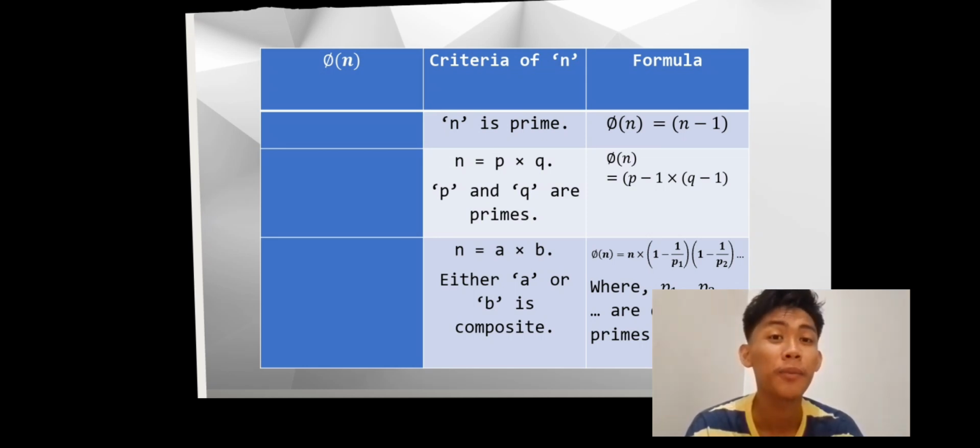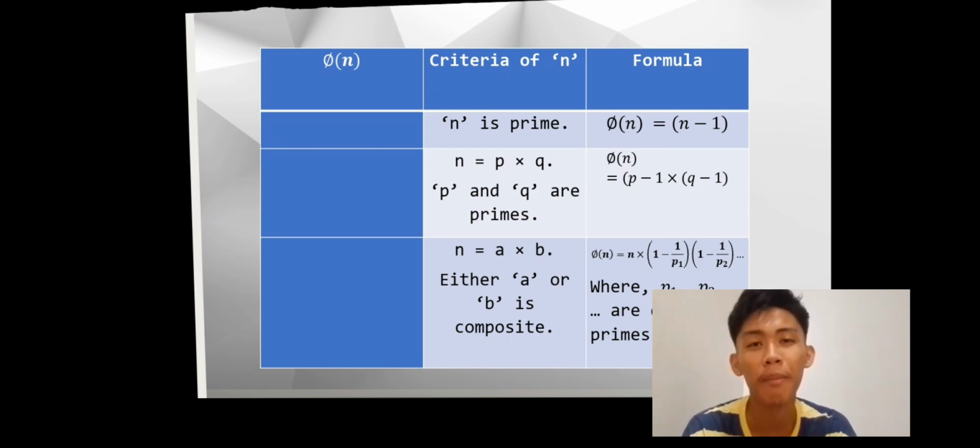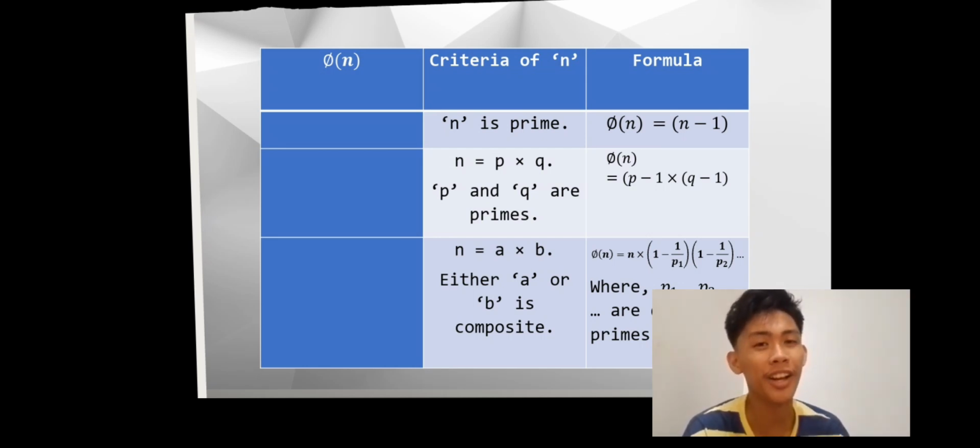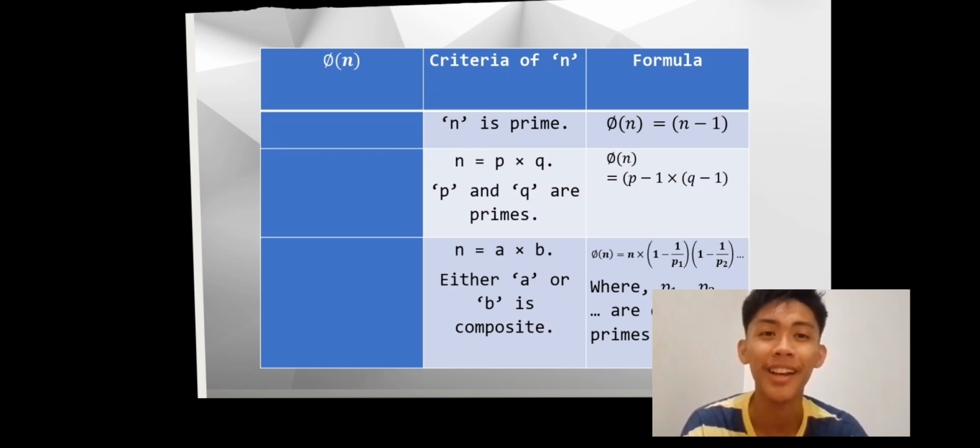The third case is when n is equal to a times b, where either a or b is composite. We can use the formula phi of n is equal to n times the quantity of 1 minus 1 over p sub 1 times the quantity of 1 minus 1 over p sub 2, and so on and so forth, where p sub 1, p sub 2, and so on are distinct primes. For us to understand these 3 cases, let's have some examples.